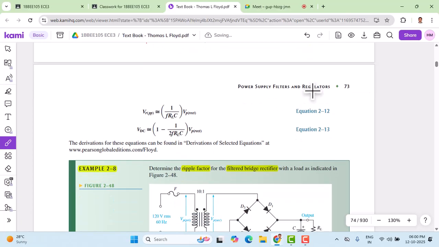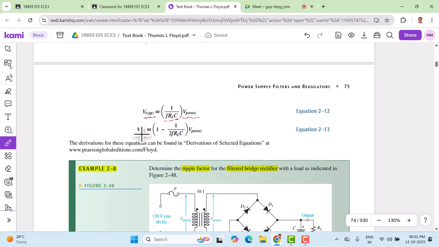Now let us work out the formula for this. This is the relationship of the peak to peak ripple voltage to the frequency, load resistance and capacitance value, and VP rect is the unfiltered rectified peak voltage. So in order to find VR peak to peak, we should know the capacitor value and load resistor value.